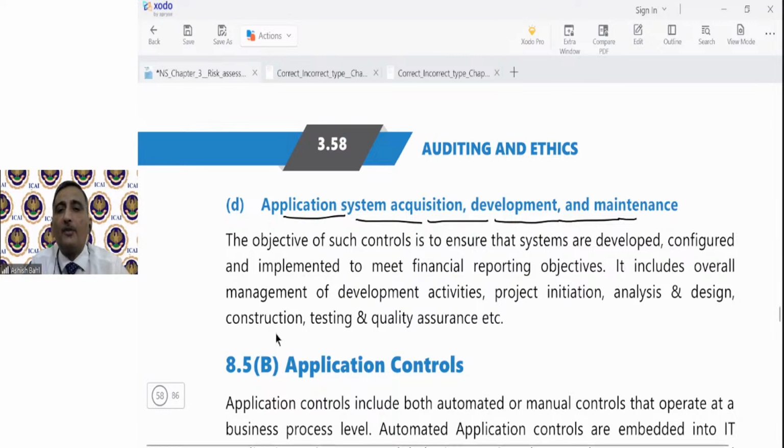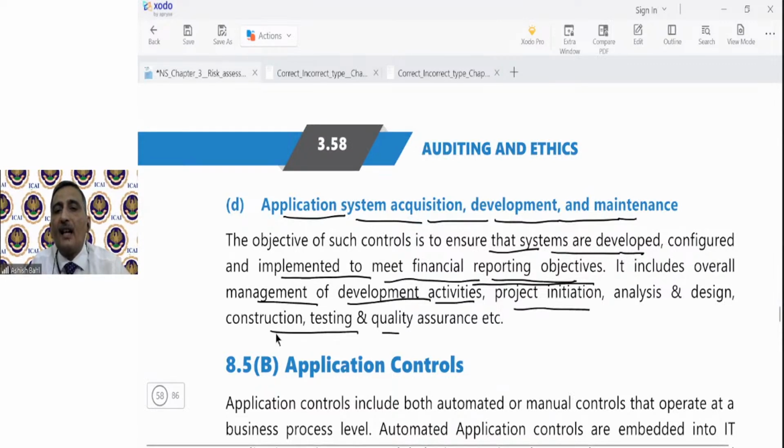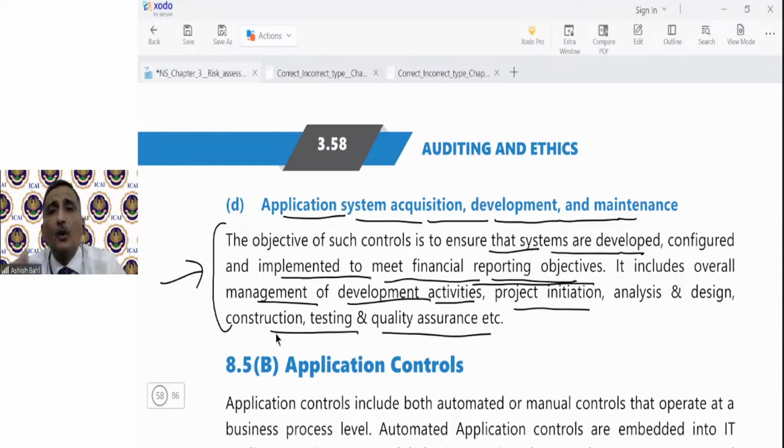The objective of such controls is to ensure that systems are developed and implemented to meet financial reporting objectives. It includes management of development activities, project initiation, analysis, testing, and quality assurance. Suppose a company, students, wants to use some new application for its business.